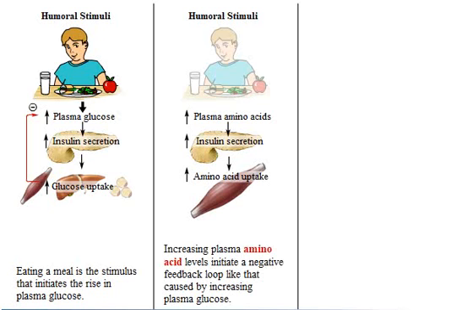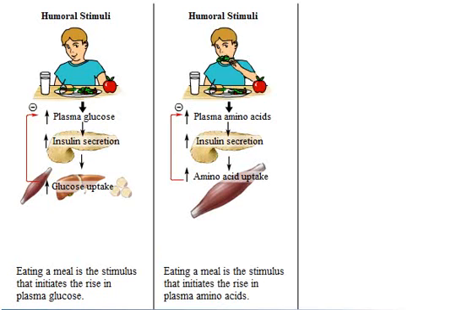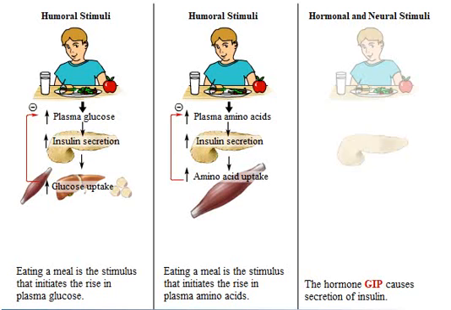Increasing plasma amino acid levels initiate a negative feedback loop, like that caused by increasing plasma glucose. This removes the stimulus for secretion of insulin. Eating a meal is the stimulus that initiates the rise in plasma amino acids. The hormone glucose-dependent insulinotropic peptide, or GIP, causes secretion of insulin. Click on the pancreas to continue.